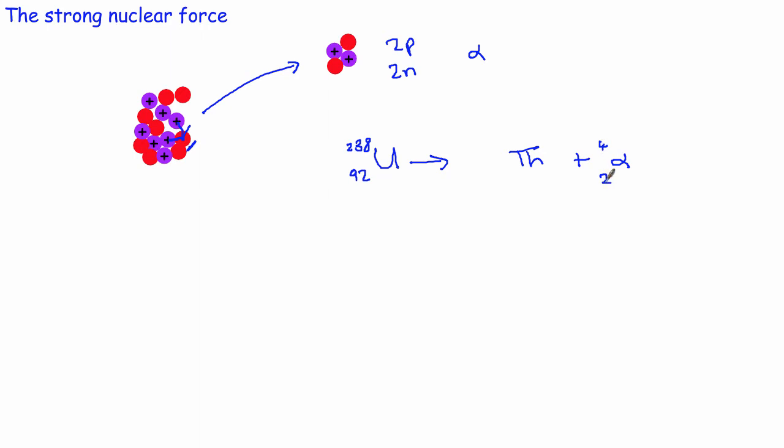You won't be told these in an exam question, but what you could be asked to do is to complete this equation. So you'd have to add these numbers in and then complete these numbers here. Just like you saw at GCSE, however many protons and neutrons you start with, you have to finish with. So we started off with 238, 4 are here, so we'd have 234 there.